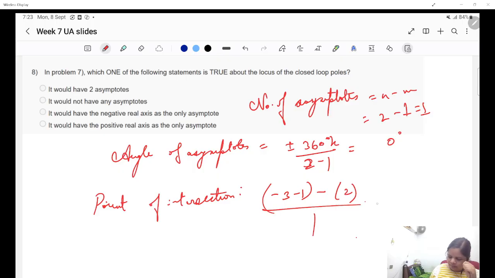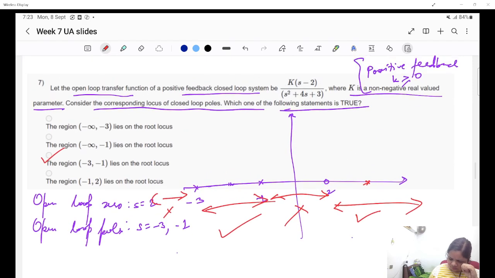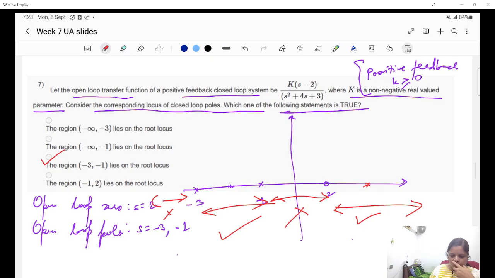The zero is at s equal to 2, so minus of plus 2 is minus 2. It is -6, right?